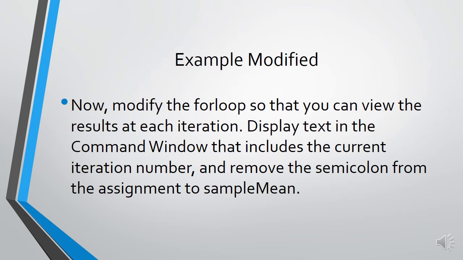Let's go on and modify our example. What I'd like you to do is to be able to display the result at each iteration. And we said that we suppress output and we do not suppress output by the choice of using the semicolon or not the semicolon. We mentioned that at the beginning of the MATLAB course.